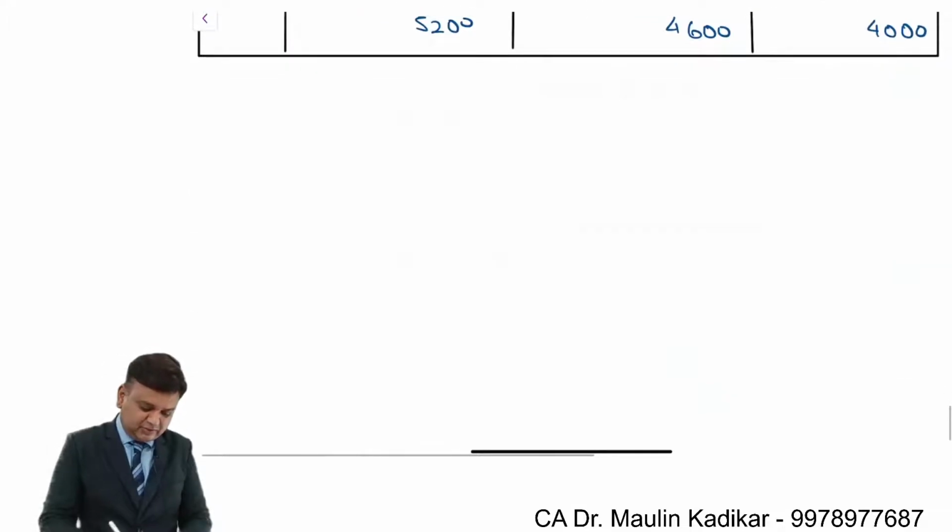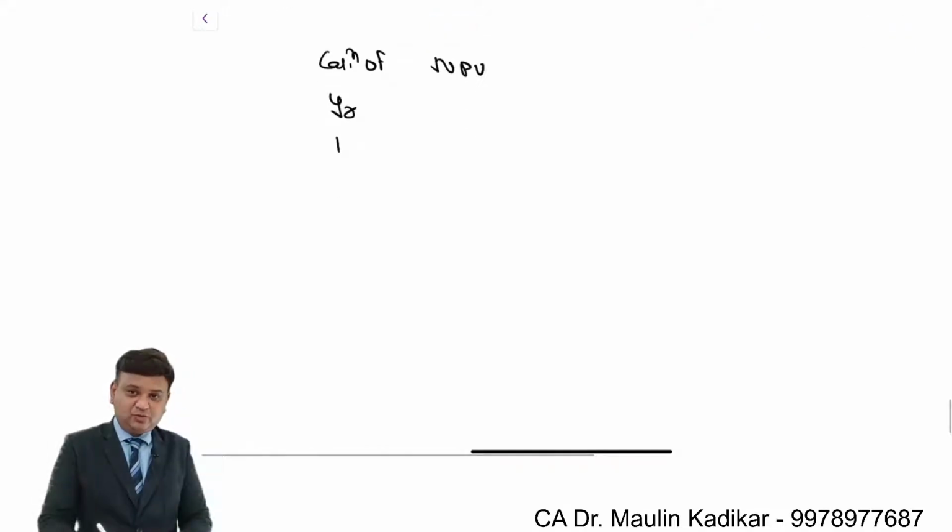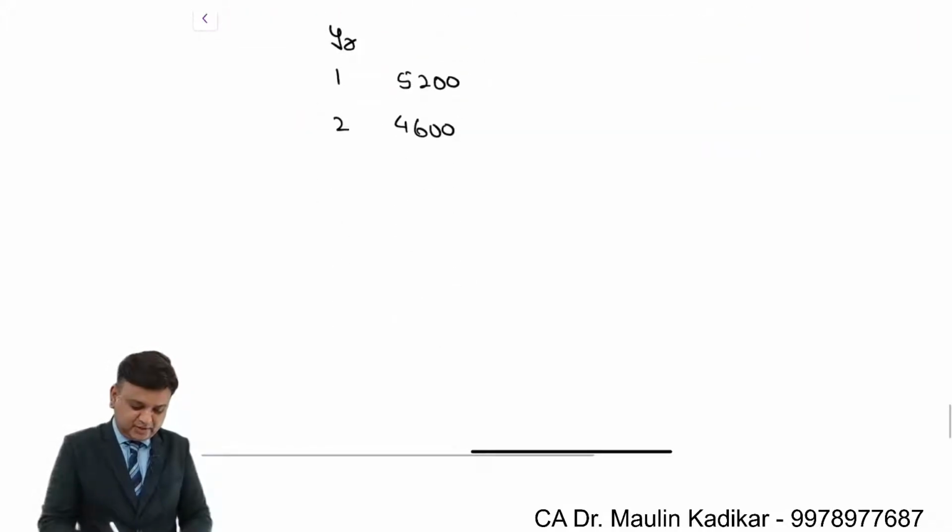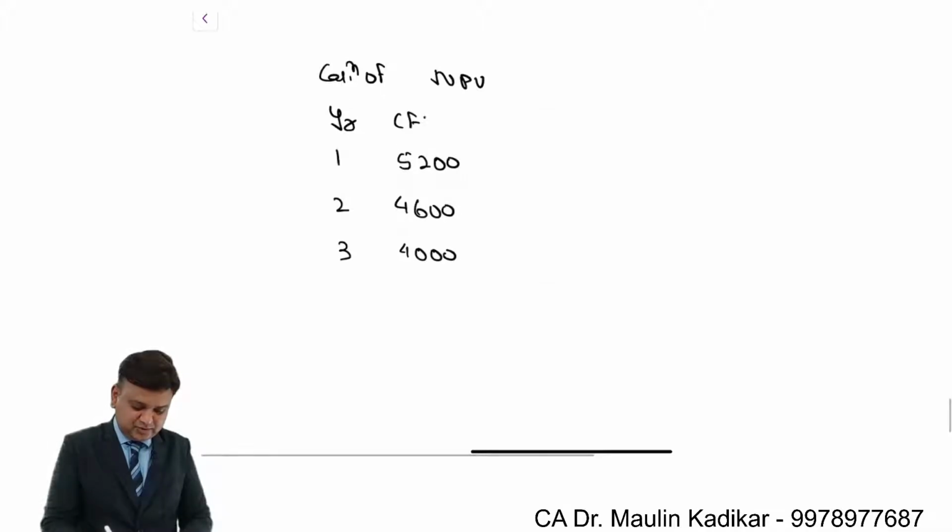Next, calculation of NPV. First year it is 5200. Second year it is 4600. Third year it is 4000. These are the cash flows.